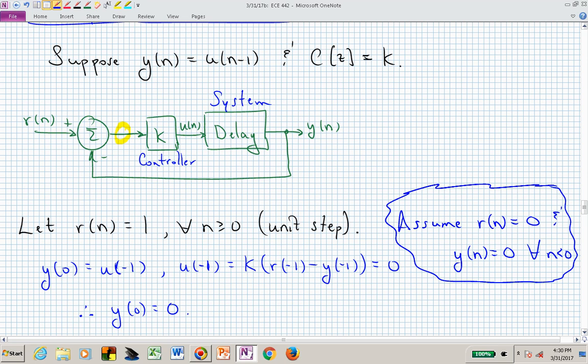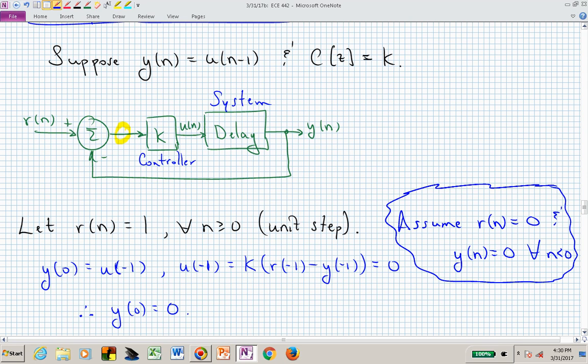So that's what we're assuming. So we have 0 memory in the system, and now we hit the system with input r of n equal to 1, and we hold that constant at 1 for all time steps beyond n equals 0.